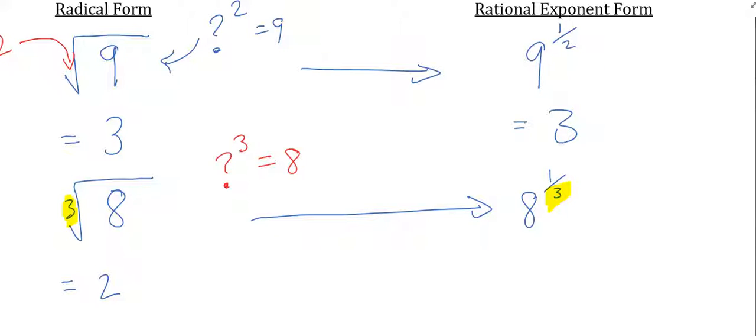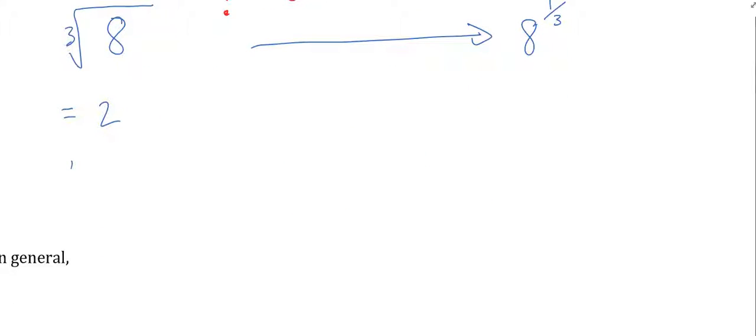And again, you could also do the fourth root of something. So the fourth root of 16 means what number to the 4 gives you 16? And it's 2 again.